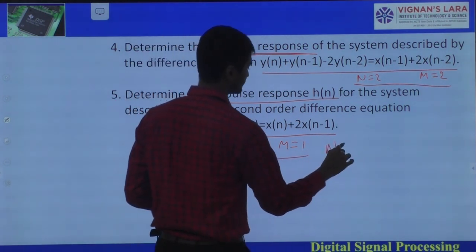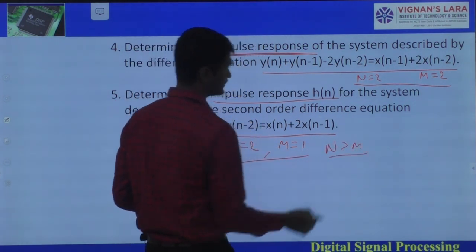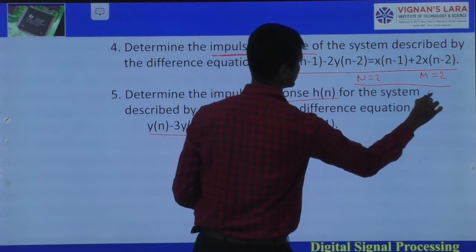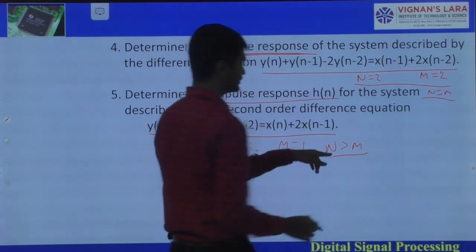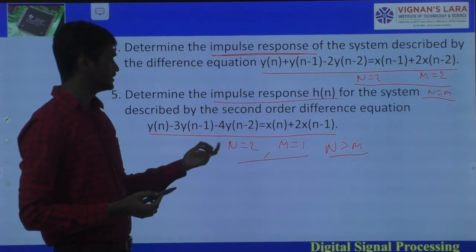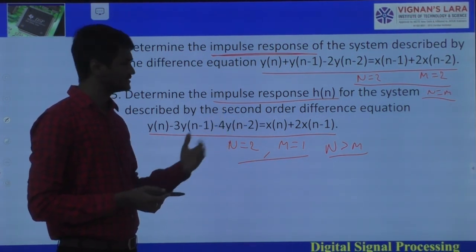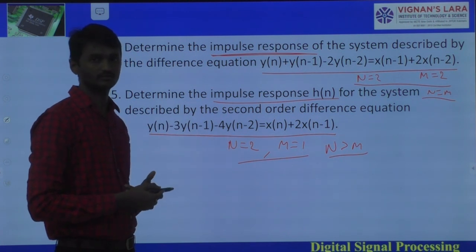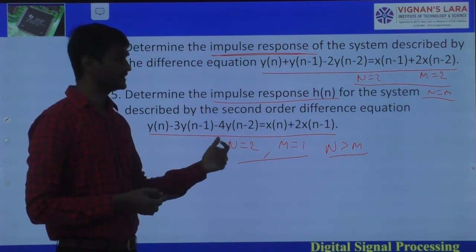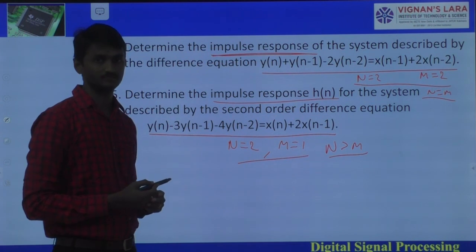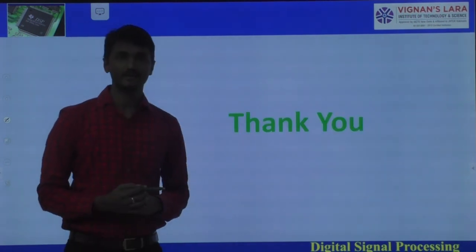This is the condition we have to apply: n greater than m. Here n is greater than m, so no need to add any unit impulse function to the homogeneous solution. Simply we have to solve for the homogeneous solution by equating the particular solution to 0. Okay. Thank you.